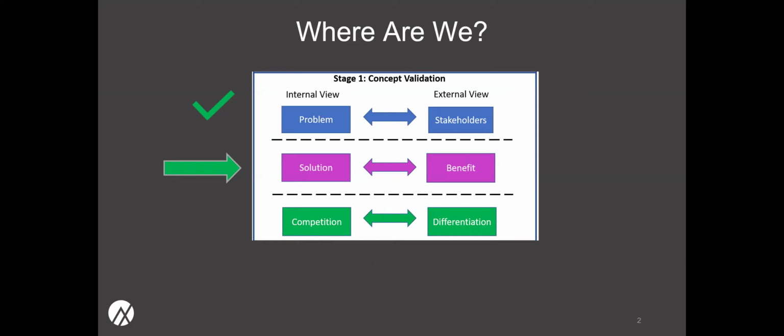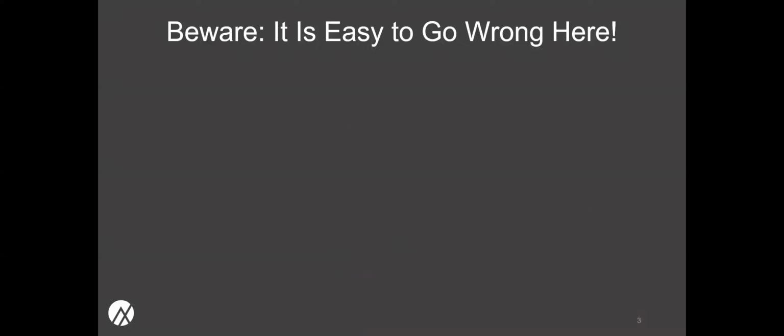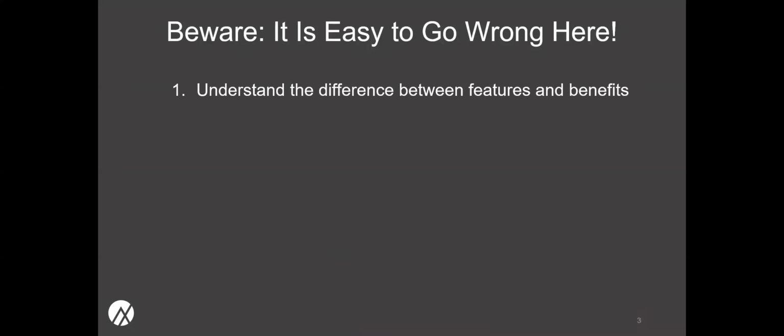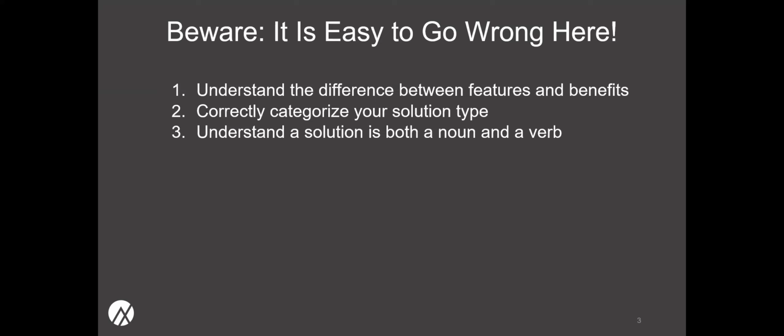Now, there's a lot of places we could go wrong here, and we're going to talk about four of them. One is that we need to understand the difference between features and benefits. Both are important, but they're very different. We need to think about the type of solution we're creating. This is maybe a new concept, so we want to talk a little bit about it and get your mind thinking about it.